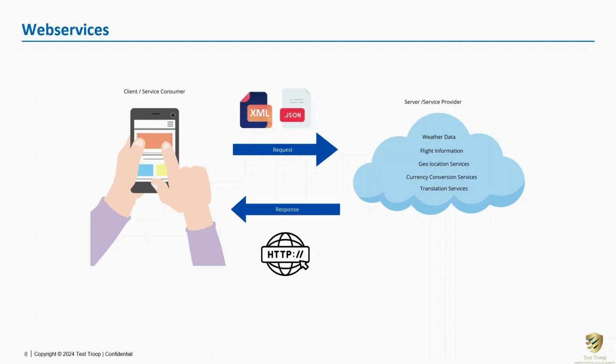The two entities here, the client and server, generally use HTTP or HTTPS protocol for the communication, and they often exchange the data in a format like JSON or XML. SOAP and REST are two commonly used web service types, with REST being the more commonly used for web applications. In the next session, we will deep dive into these two topics.